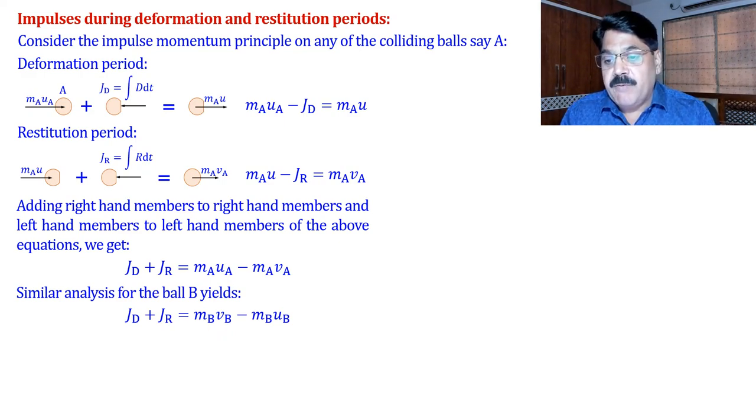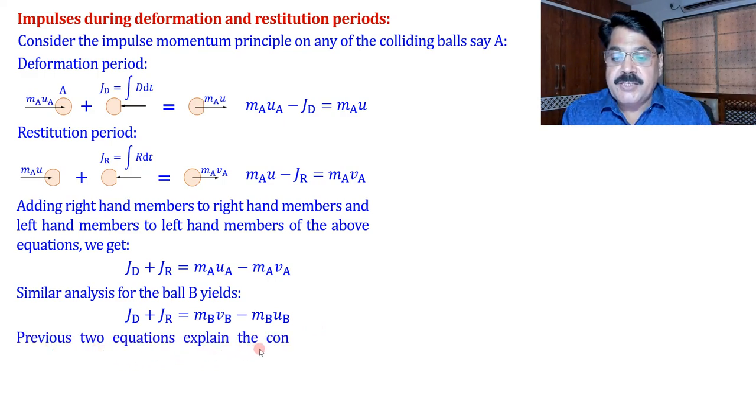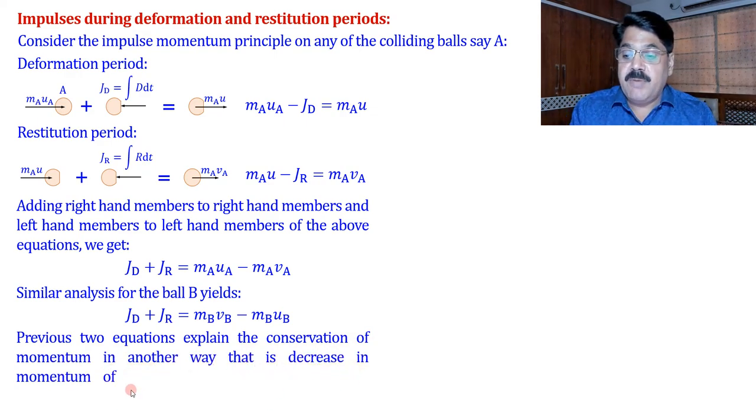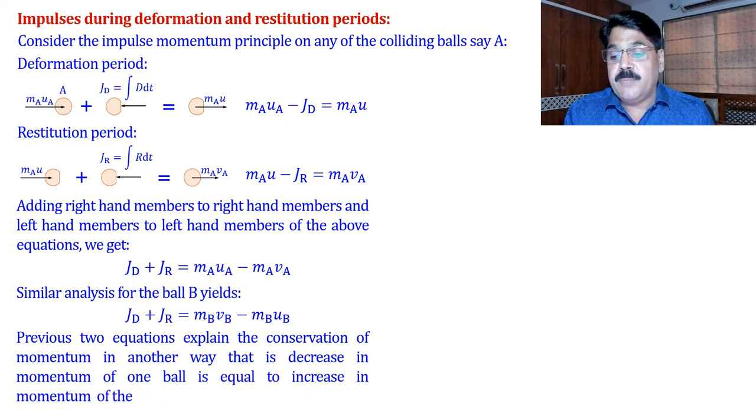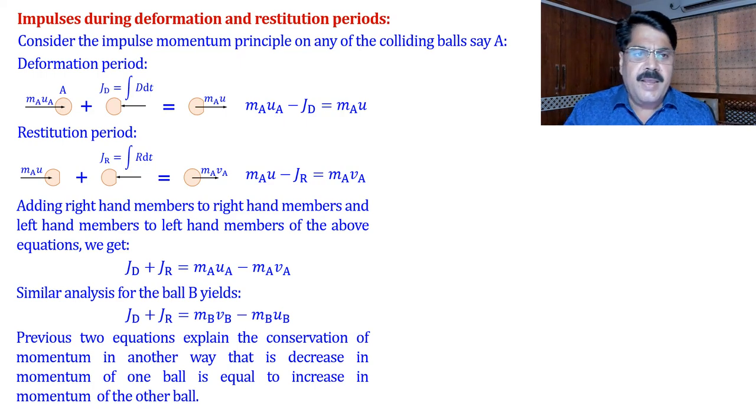That is, by whatever amount the momentum of ball A decreases, by the same amount the momentum of ball B increases. The previous two equations explain the conservation of momentum in another way. That is, the decrease in momentum of one ball is equal to the increase in momentum of the other ball. So it is another way of thinking about conservation of momentum.